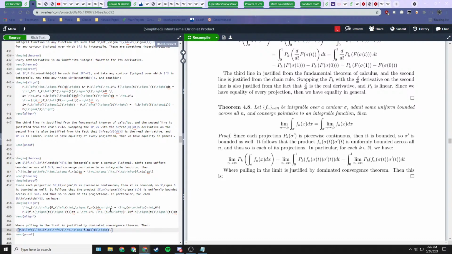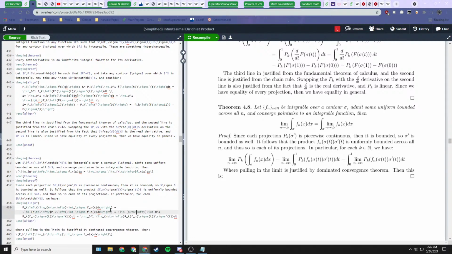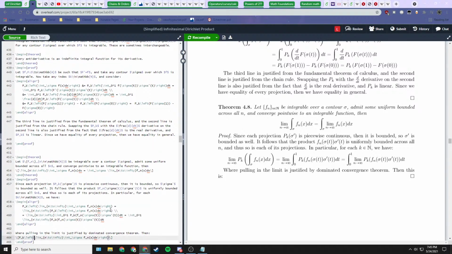We'll start with this, and then we will end with pulling out this piece of k projection all the way to the front.